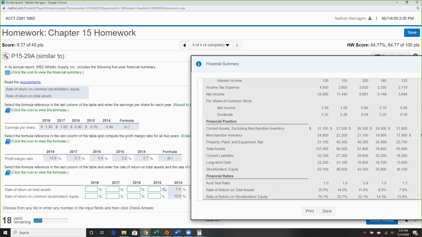And exactly true. So the only one you have to calculate so far is the profit margin. It already gives us the rate of return on total assets and the rate of return on stockholders' equity. Yay for problems giving it to us.